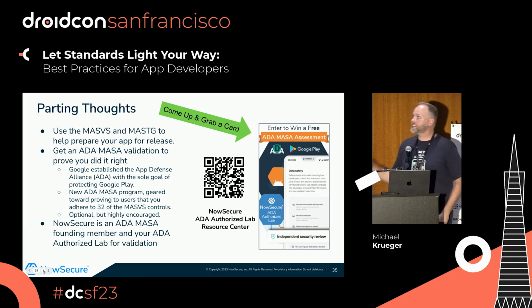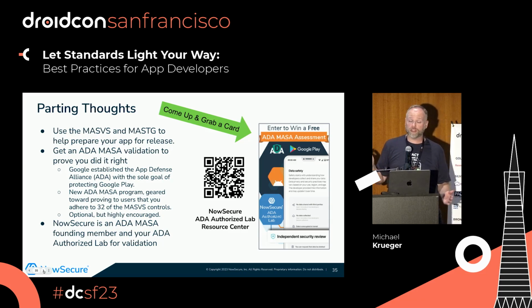Now, the interesting thing about this is what we anticipate Google will begin rolling out over the latter half of 2023 and into 2024 is starting to provide incentives for being part of this program. So it's an opt-in program, but they'll start to provide additional incentives. We don't know what those will be.